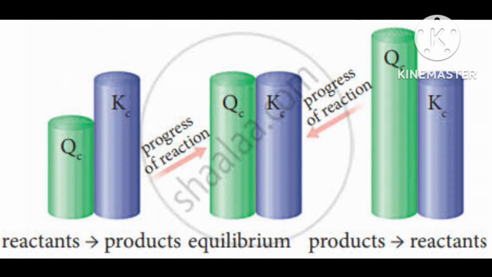And the third case: if Kc is in the range of 10 to the power minus 3 to 10 to the power 3, between the two, then appreciable concentration of both reactant and product are present.